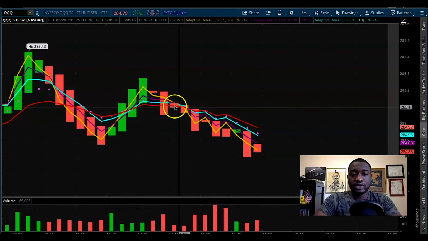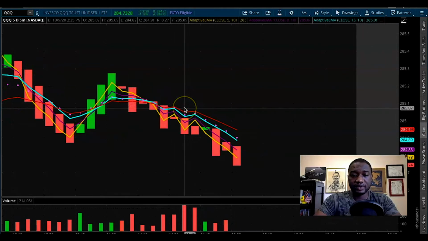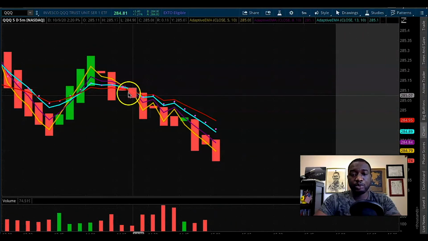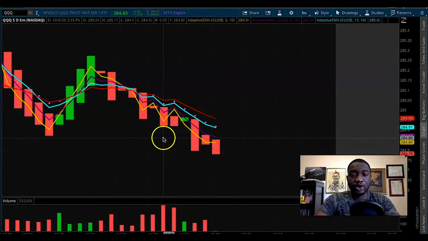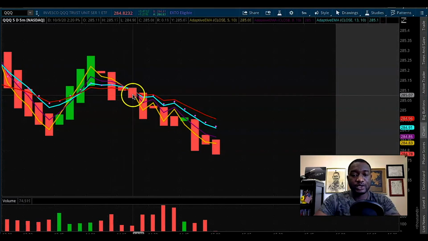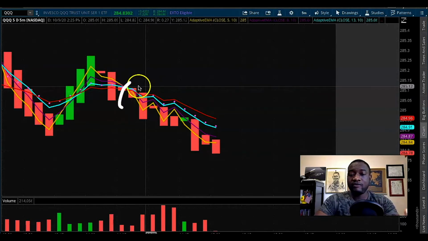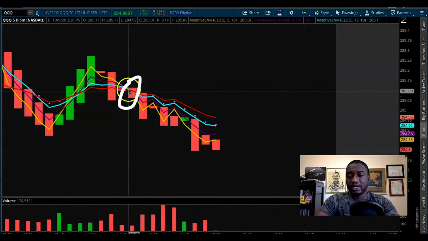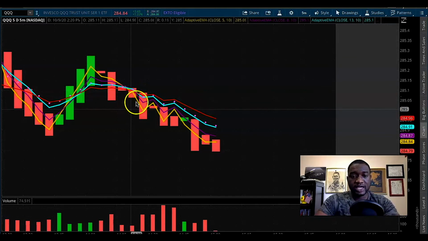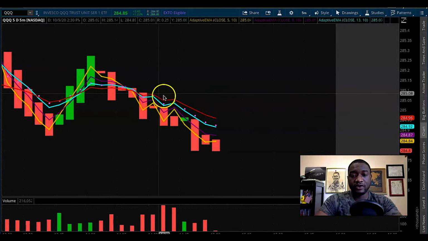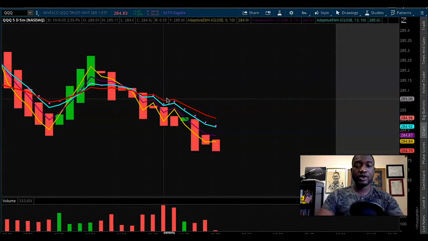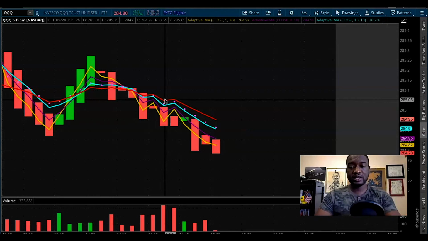Now, if you comfortably get into a short position here, right? If you get into a short position here, this is great that I'm doing this during market hours. If you get into a short position here and you're buying puts, or you're betting that the stock will go down, right here would be a very, very comfortable space for you to take a short, because everything is literally right at the bottom of the 20 period moving average.